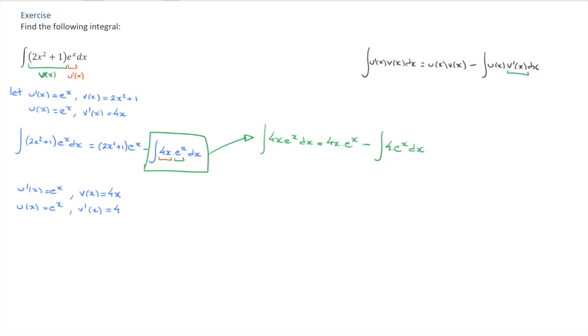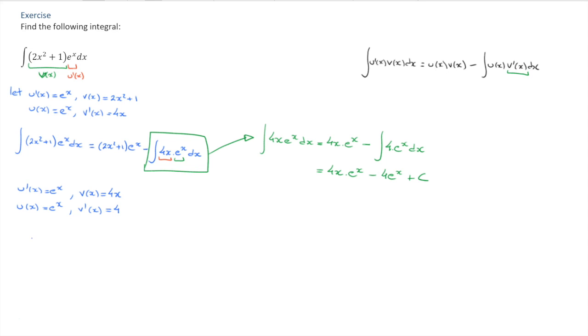And we can take care of that integral quite easily, and we can go ahead and state that this is the same thing as 4x e of x minus 4e of x plus some constant c. Now that we know that, we can go ahead and state the final answer.